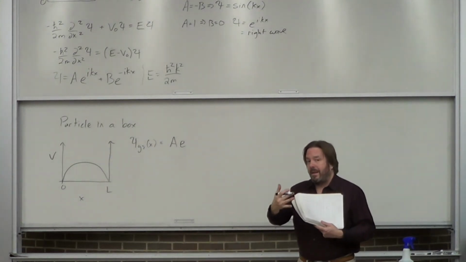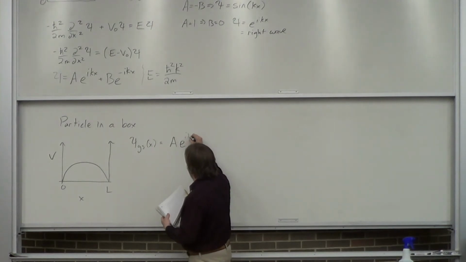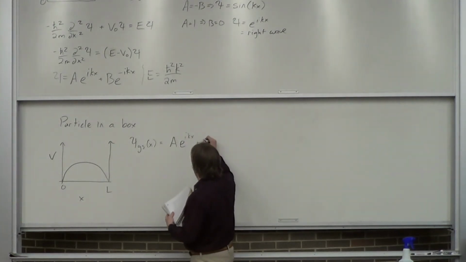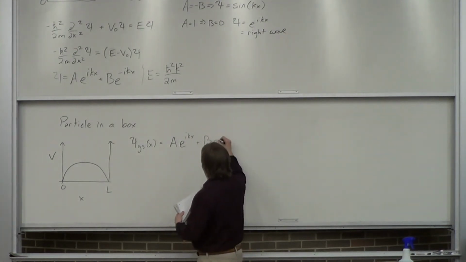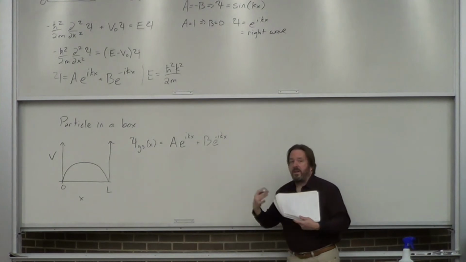It's technically a free wave. And the general solution is like what I've just been talking about nonstop for the last 5 minutes. This is the general solution. And I know what I've drawn and I know that those are consistent.